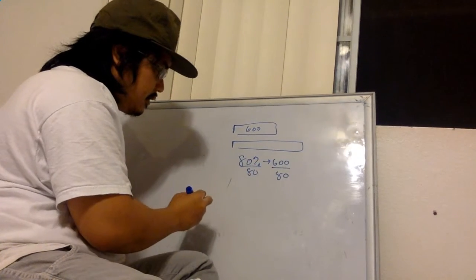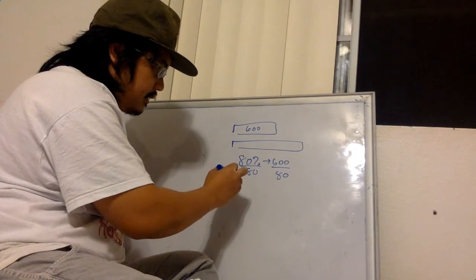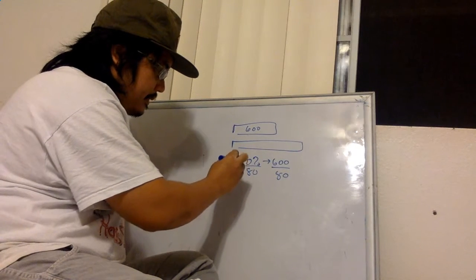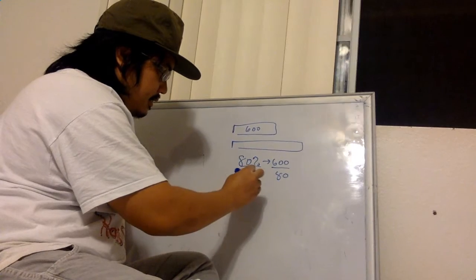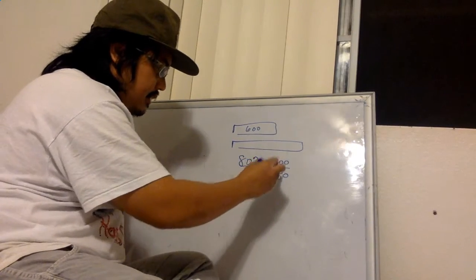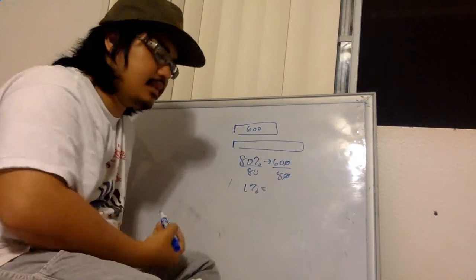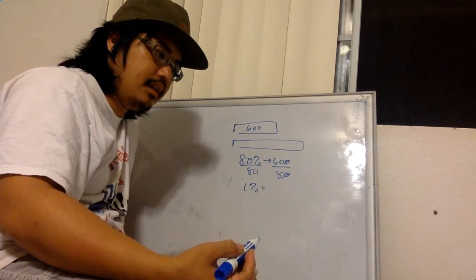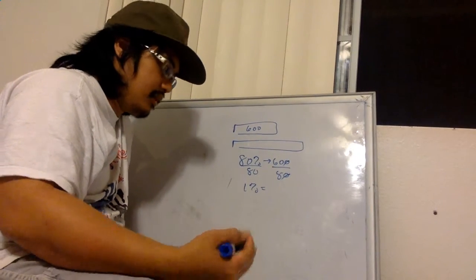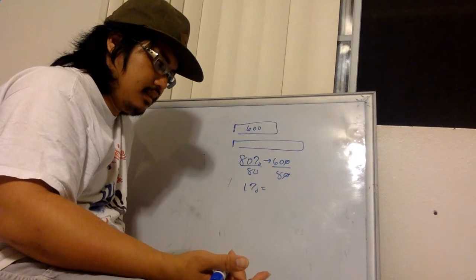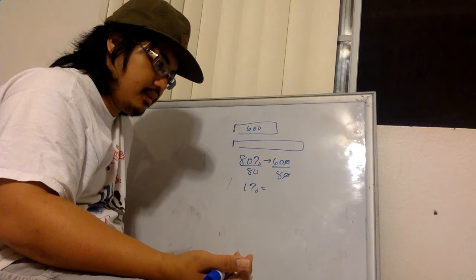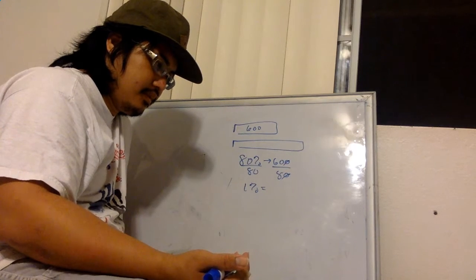And I basically say this is 1% on the left side. On the right side, I can cancel at least 1 zero. How many times does 8 go into 60? Okay, fine. That's 8, 16. I know it goes to 40. I'm not very good with my 8s.